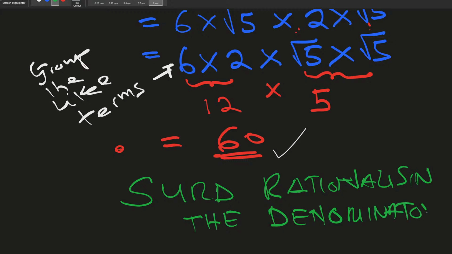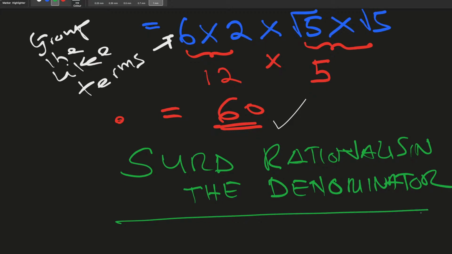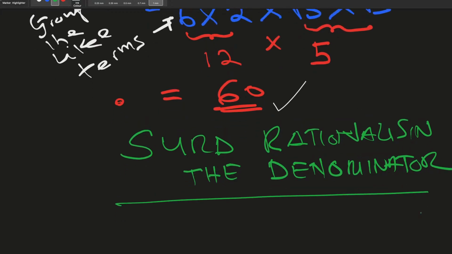Don't let these long words scare you. It shouldn't scare you at all. So that is surd rationalizing, or in short, we normally say rationalization.